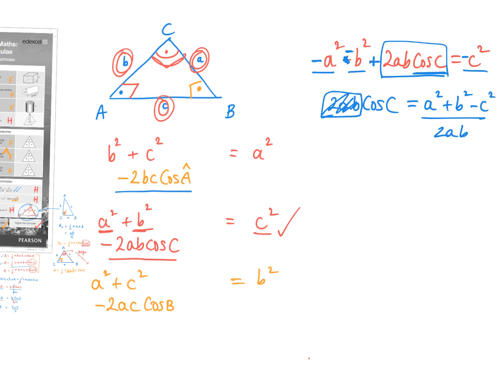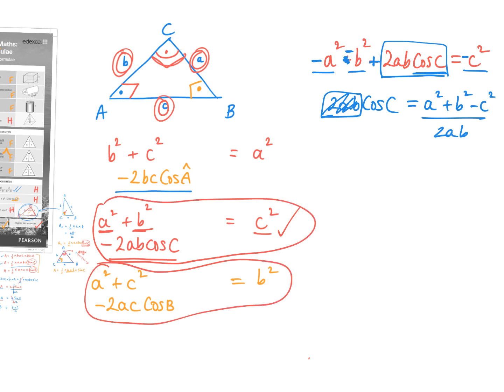So what I suggest you do is try and rearrange this one yourself and this one yourself for cos C and cos B respectively. So that's the cosine rule, and some quick tips on how to recall that in the exam under pressure. Just think of Pythagoras and it will get you out of trouble a lot of the time.